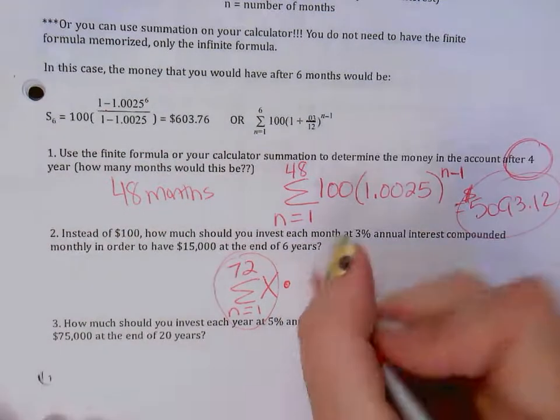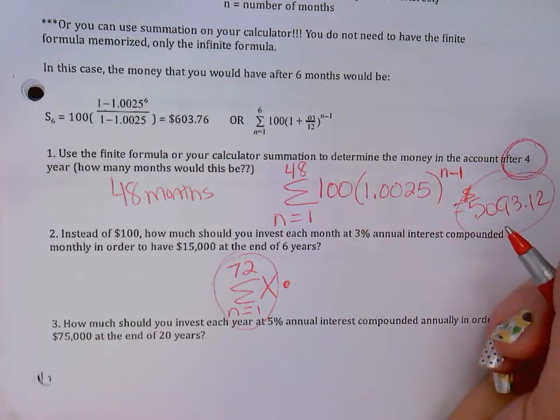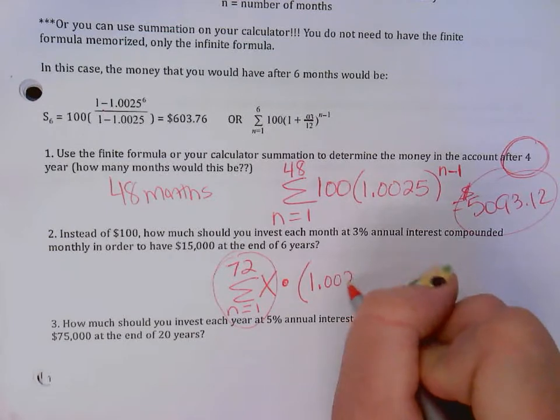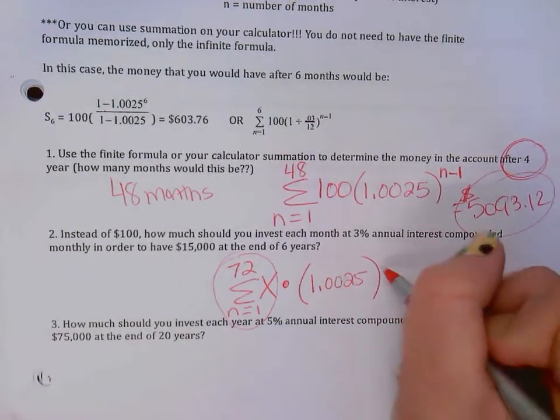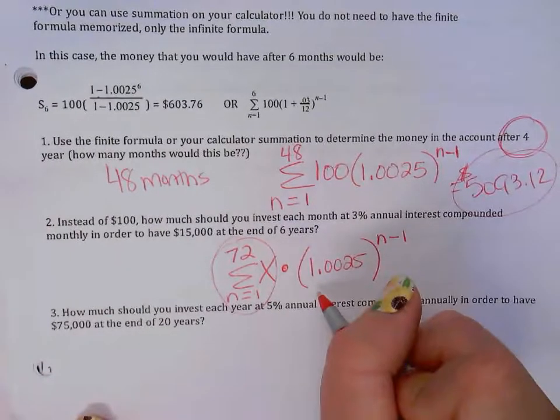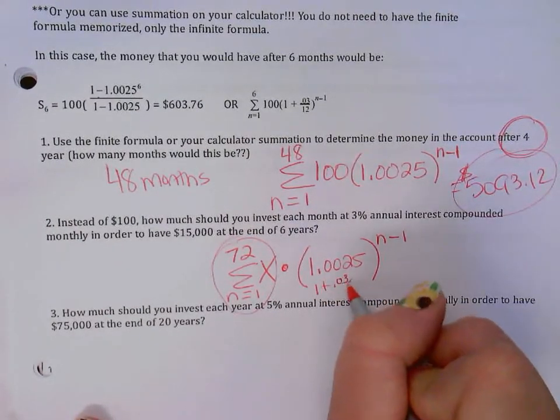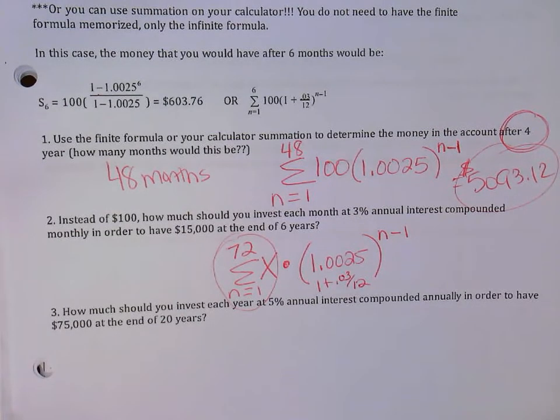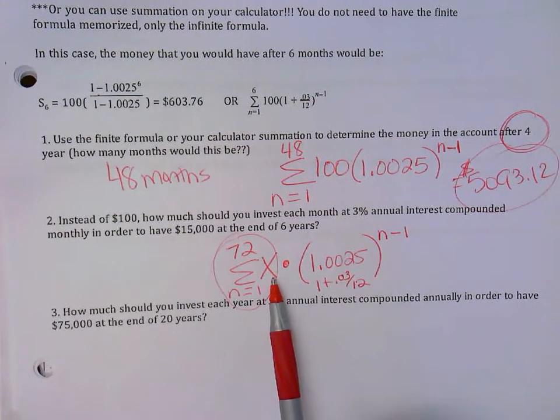And I'm going to do the same, it's still the 3%, right? So I can still do the 1.0025 to the n minus 1. Or this is the same as 1 plus 0.03 divided by 12, if you like seeing that better. All right, it would take a long time to guess and check and guess and check.